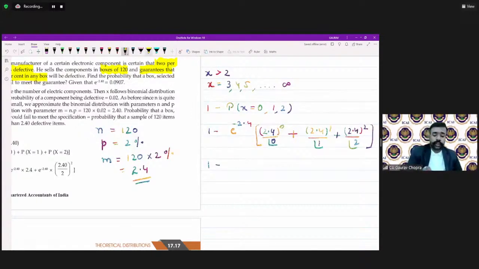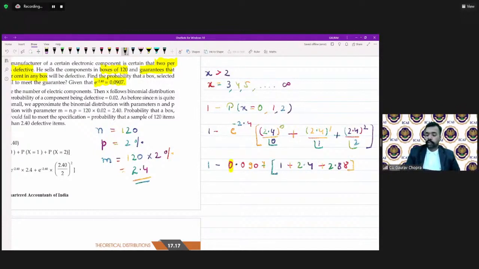So now the value of e to the power of minus 2.4 is already given in the question, and that is 0.0907, multiplied with 1 plus 2.4 plus the square of 2.4 divided by 2, that is 2.88.